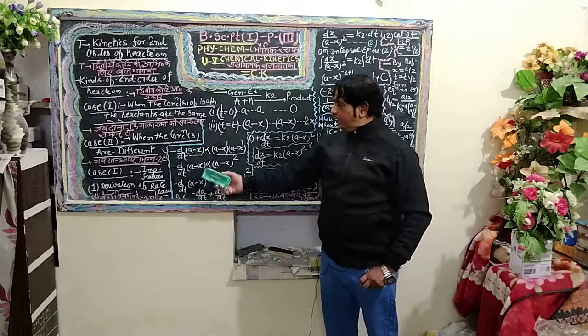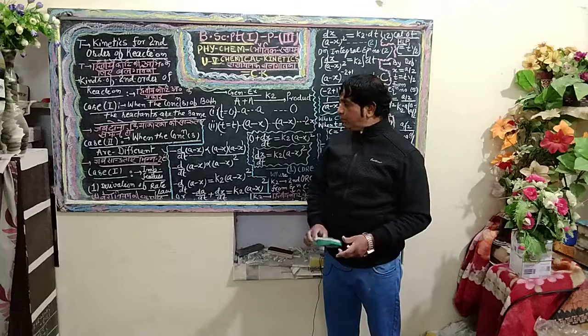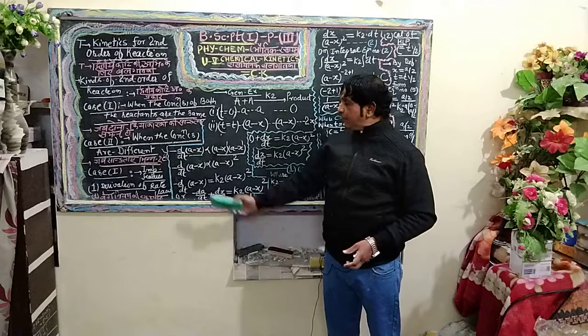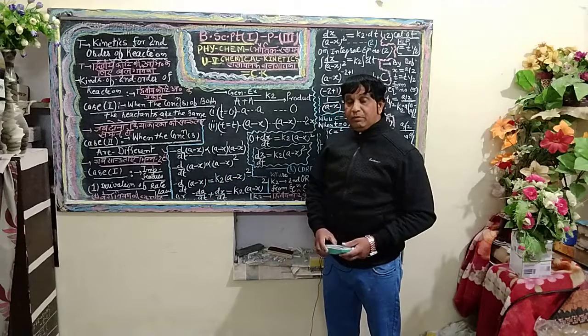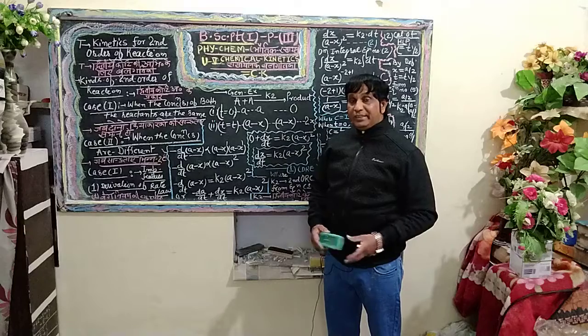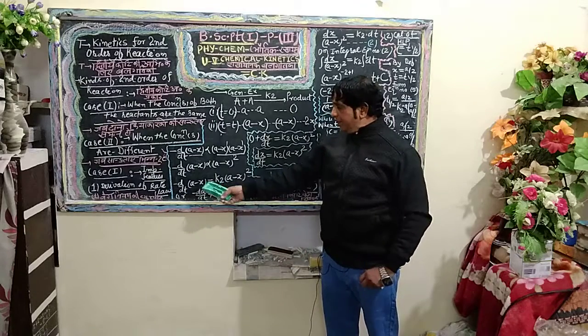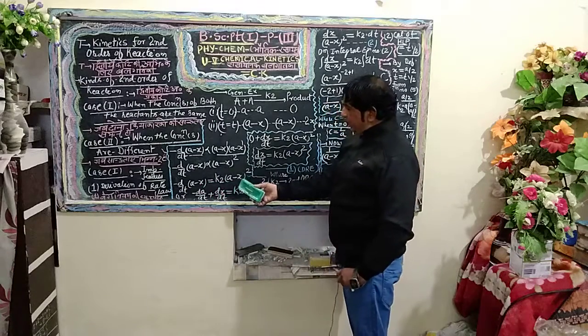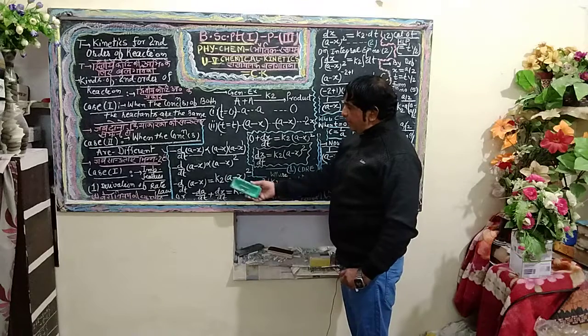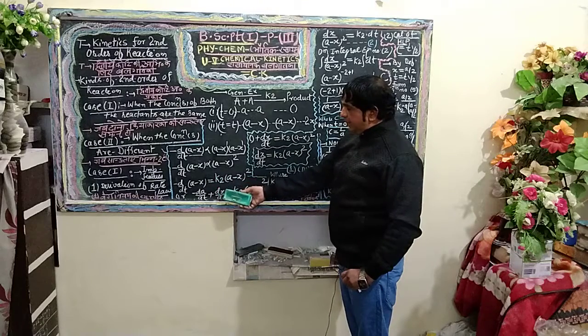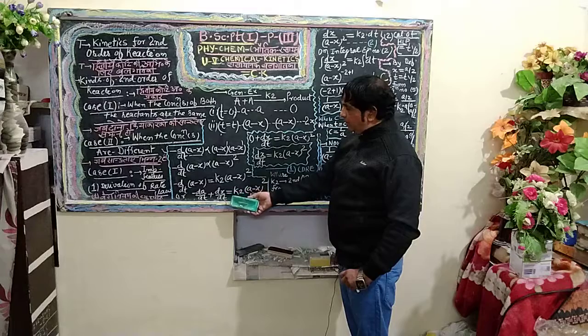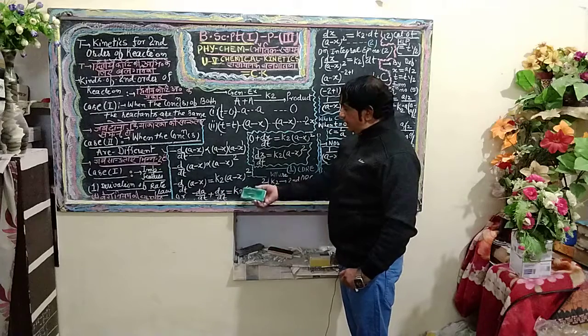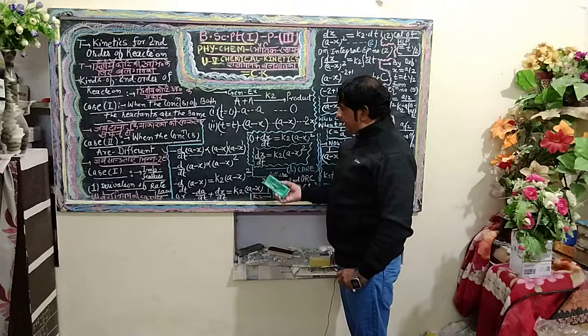Hence minus d upon dt of A minus x is proportional to A minus x square, and multiplying the quantities inside the bracket, minus d upon dt of A minus x is equal to K2 times A minus x square. Minus dA upon dt plus dx upon dt is equal to K2 A minus x square. The differentiation of any constant quantity is zero, so dx upon dt is equal to K2 A minus x square.